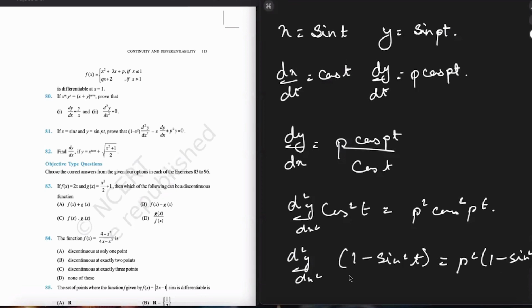Okay, so y double dash (1 minus x square) is equal to p square (1 minus y square). What do we have to prove over here? Okay, there's still work to do.